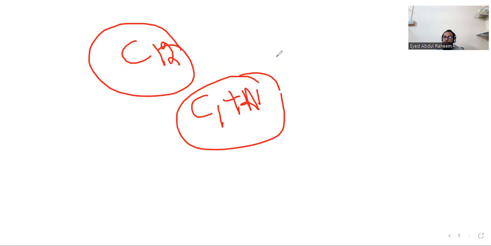And A1 is for the arterial system, arteries. So if you want to improve the blood circulation to these organs, you have to use C1A1.